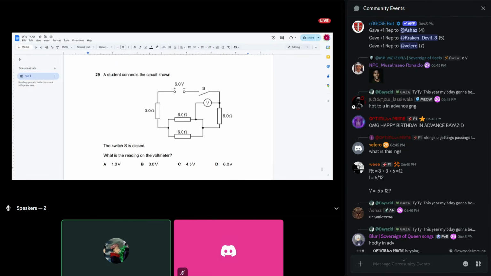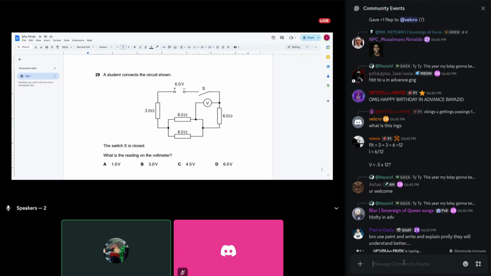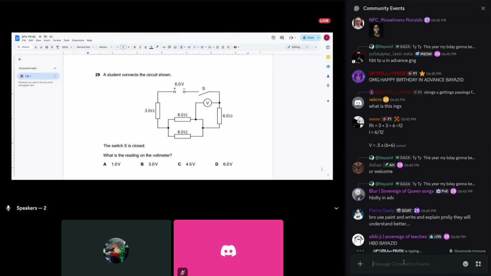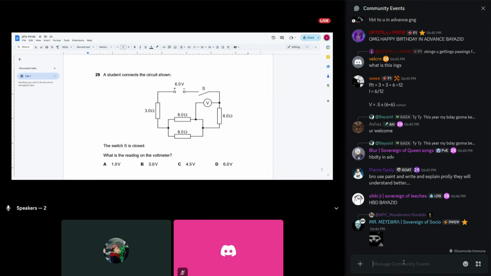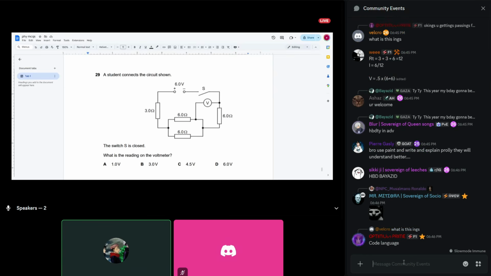How did you get 12? How did you get 6 plus 6? Look, we're only trying to find it across the 6 ohm resistance. So not 6 plus 6, it's just 6. So voltage is 0.5 into 6 only, nothing more.